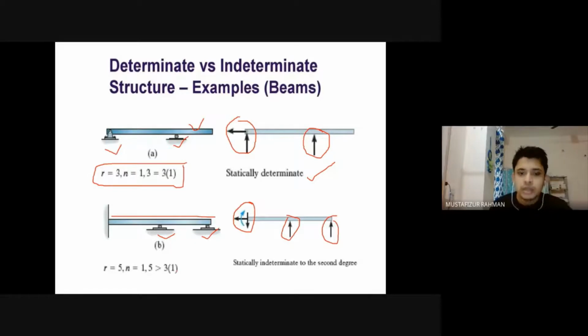And that means we have more unknown than number of equations of static equilibrium. So this becomes statically indeterminate to the second degree. Okay, degree of static indeterminacy will be 2, 5 minus 3. So this is how we have to calculate static determinacy and indeterminacy in case of beams.